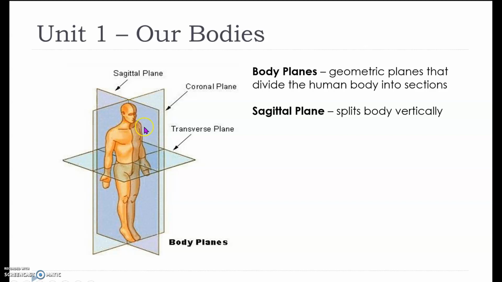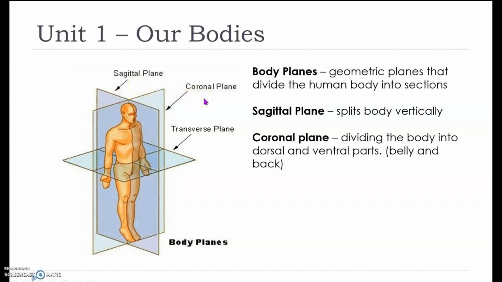So this is the body, and this is the division from right to left. So the division is like half of the body, right and left. It's vertically divided.